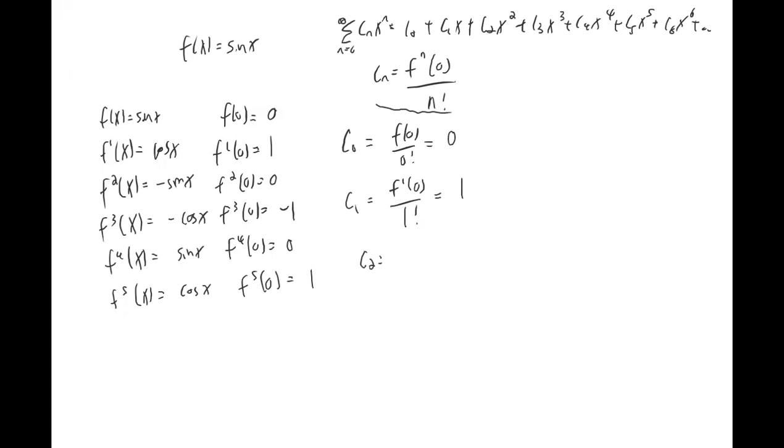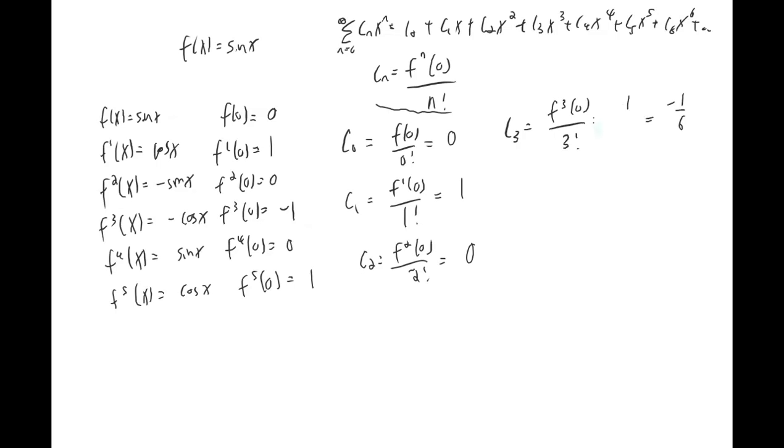C2 is f2 at 0 divided by 2 factorial, so that's 0. C3 is f3 at 0 divided by 3 factorial. f3 is -1, but 3 factorial is 3 times 2 times 1, so that's -1/6.